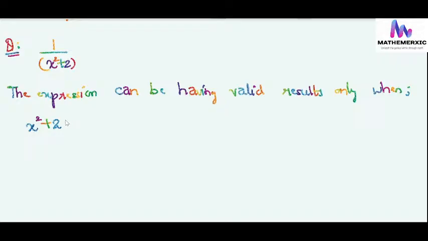so let us say the fraction is there. If you're getting 0, greater than 0 as 1 by 0 is undefined.